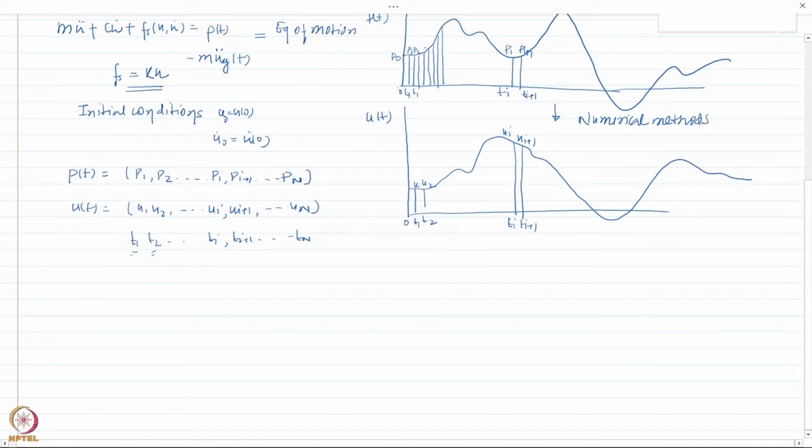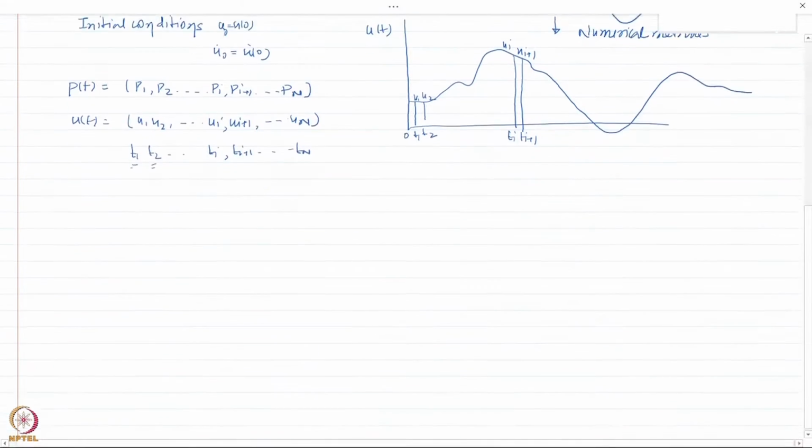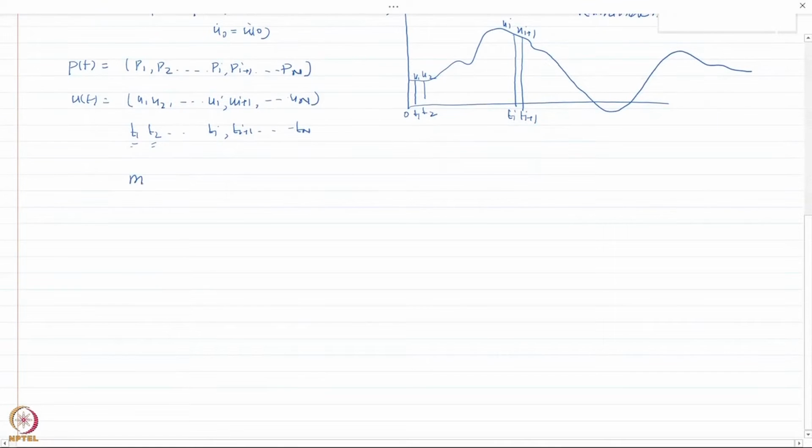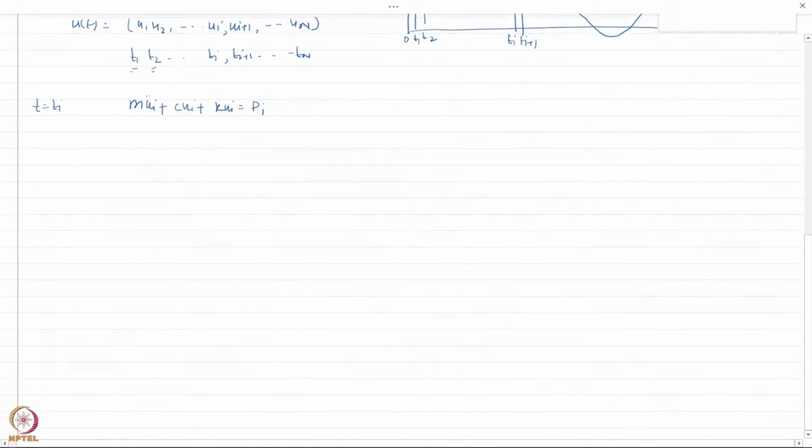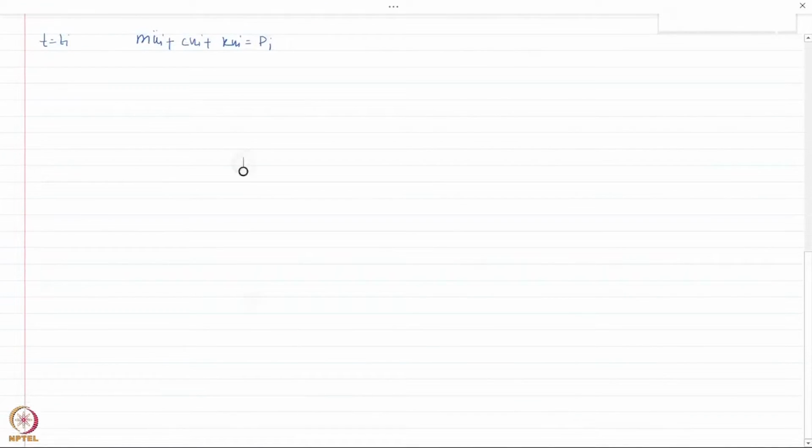Basically our idea is that if we know the state of a system at time t equal to ti, let us write down our equation of motion at t equal to ti: m u double dot i plus c u dot i plus k ui is equal to pi. If I have somehow found the values of these response parameters, acceleration, velocity, and displacement, and force pi is already given, we want to go from this step to the next step.